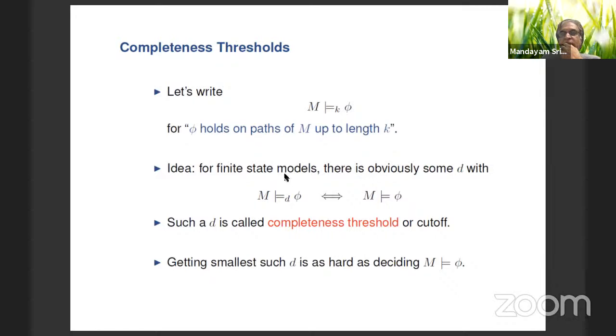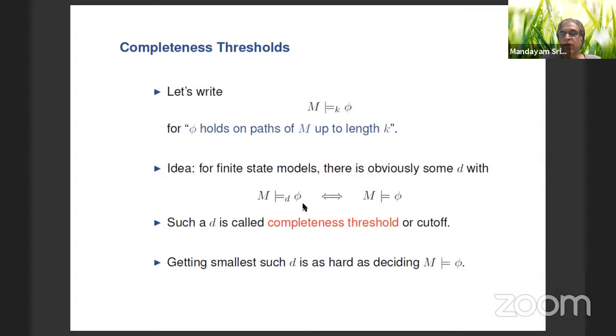The idea behind determining completeness threshold is the following. For finite state models, obviously there must be some D for which, if you check for counterexamples up to that length, then it would guarantee that it holds for all lengths. Correct? Because there has to be.